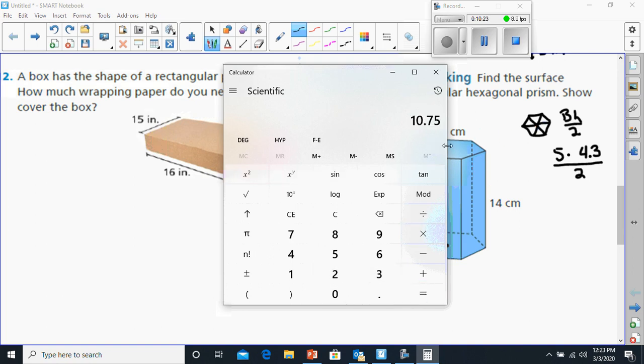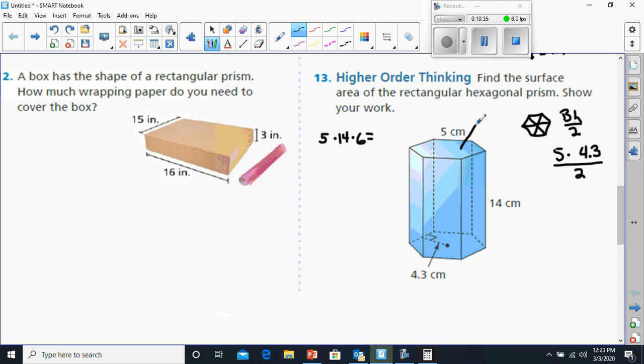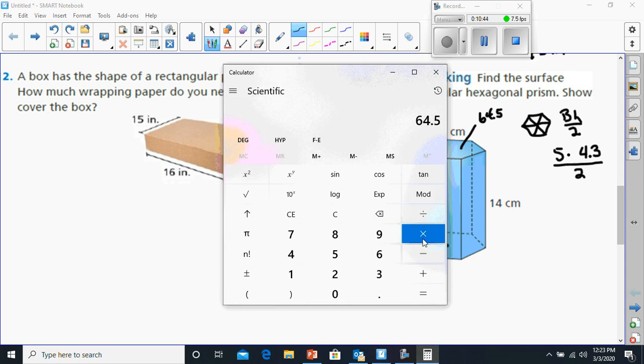If we multiply that now times 6, then we know each of these hexagonal figures is 64.5. Okay, so the area of this is 64.5. And now, since there's a top and a bottom, I have to take 64.5 and multiply it by 2 to find out the area of both, and that's going to be 129.